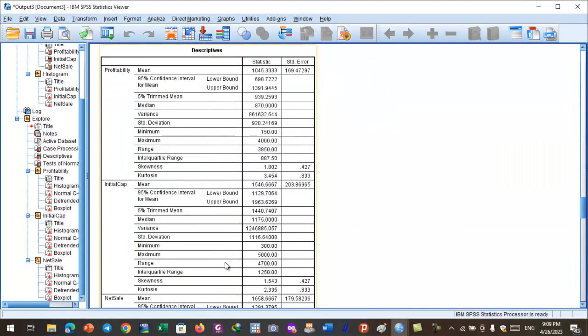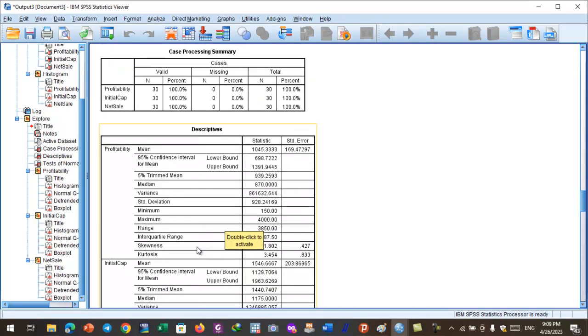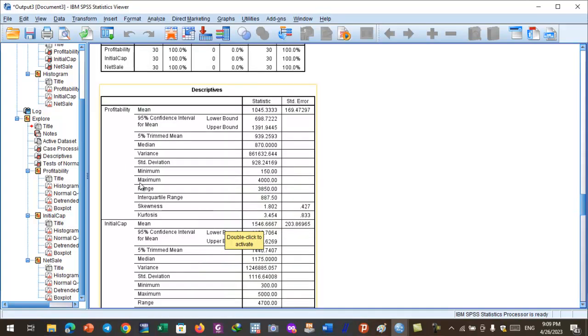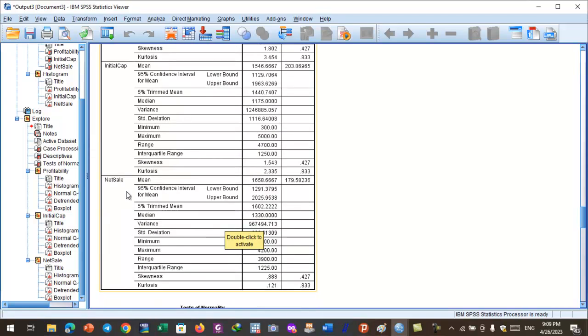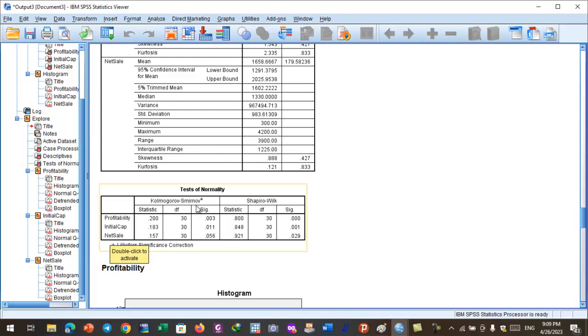Then look here, the data. Okay, SPSS generates the output. For profitability, it generates all the statistics. For initial capital, the same thing. For the net sales, the same thing. And here, tests of normality, the Kolmogorov-Smirnov test and the Shapiro-Wilk test are here.